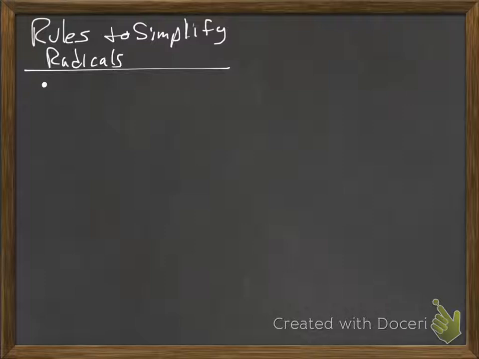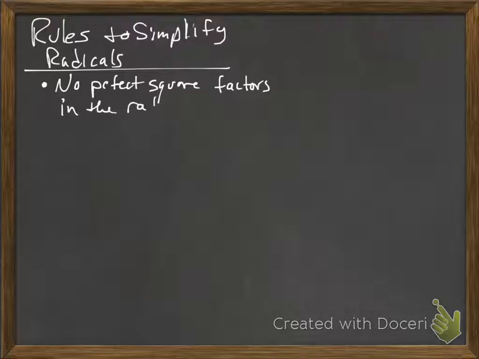The first of which is there should be no perfect square factors in the radicand. The way I'm going to show that to you guys is we're going to look for no repeat factors. So that's how I'm going to be applying that, and I'll show you that in an example.